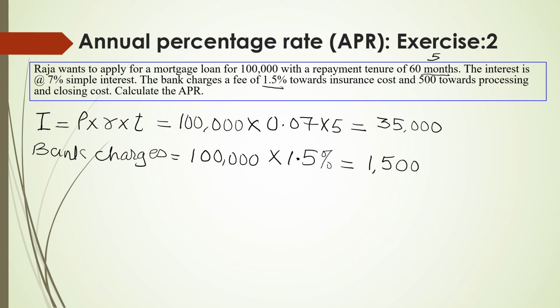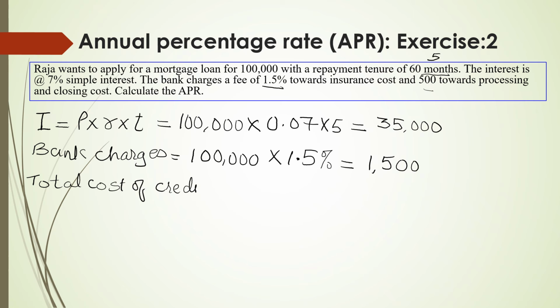So this is the bank charges, plus 500 is the processing and closing cost. So this also we will write. Now we will write down the total cost of credit, because before calculating the APR, we should write down the total cost of credit, which is very important.